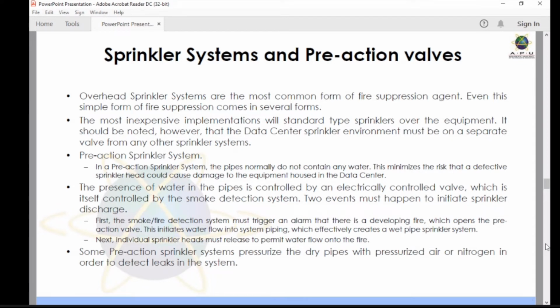Next, the individual sprinkler head must release to permit water to flow onto the fire. So the sprinkler head must also open to release the water or mist or carbon dioxide. Some pre-action sprinkler systems pressurize the dry pipe with pressurized air or nitrogen in order to detect leaks in the system. To check whether there is a leak in the pipe, they use this pressurized air or nitrogen.